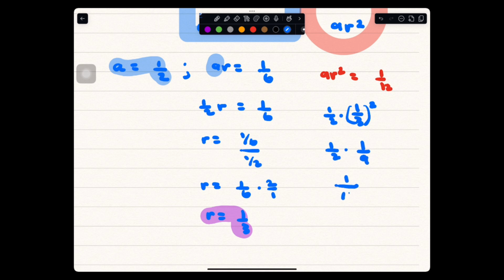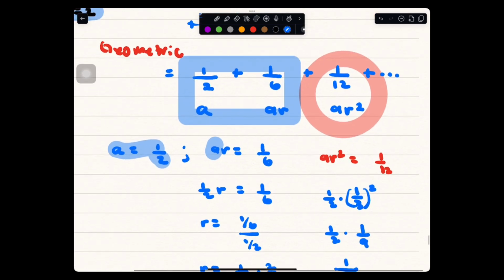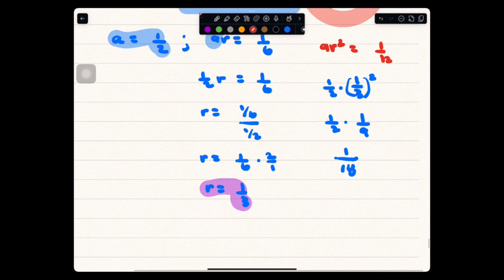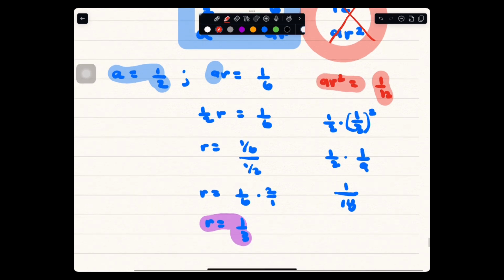That's 1/18. So, ladies and gentlemen, this is not at all what's the story. That is supposed to be 1/12, okay? So AR squared, we know, is supposed to be 1/12 and cannot be 1/18.